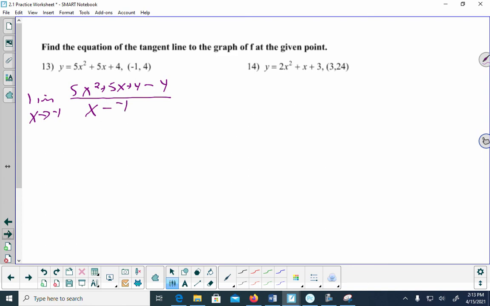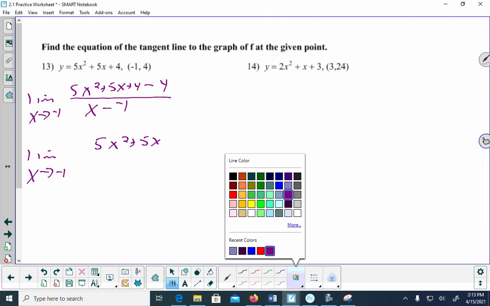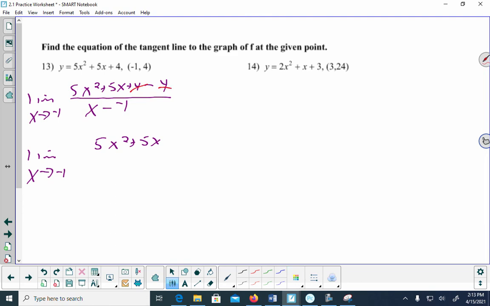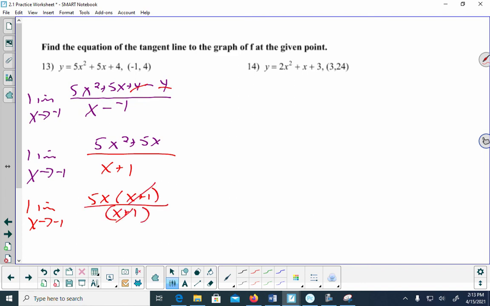So when I do that, up here that'll be 5x squared plus 5x. The 4's will equal 0, so those are gone, all over x plus 1. I can see in the numerator I can factor out a 5x, so make a 5x times x plus 1. Remember, this denominator should simplify.